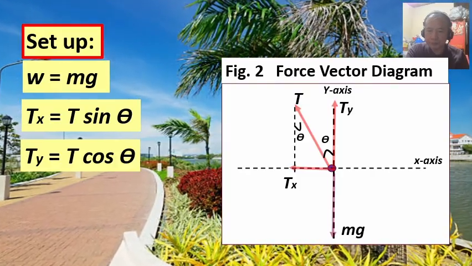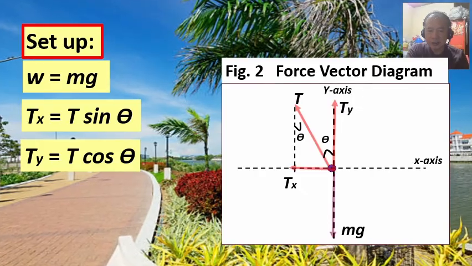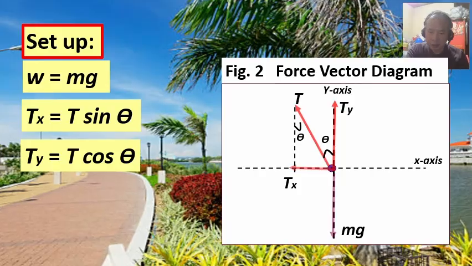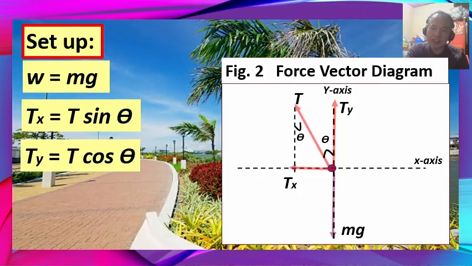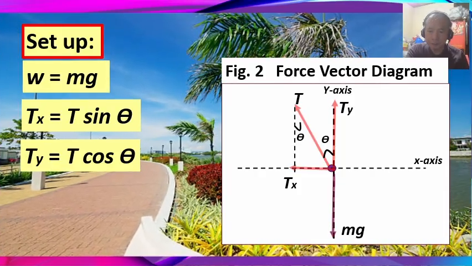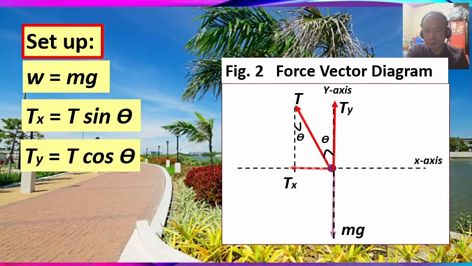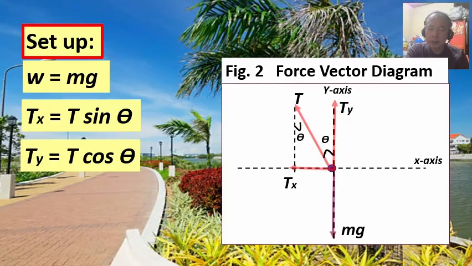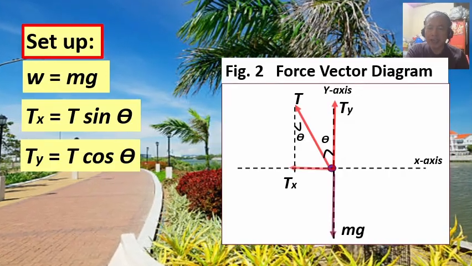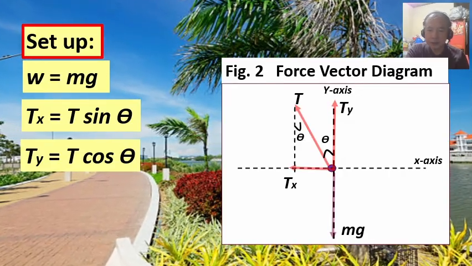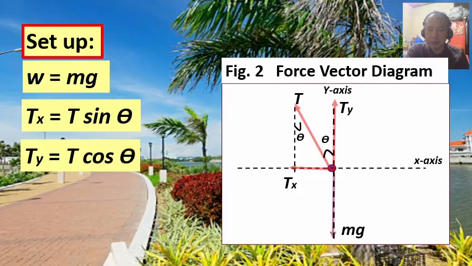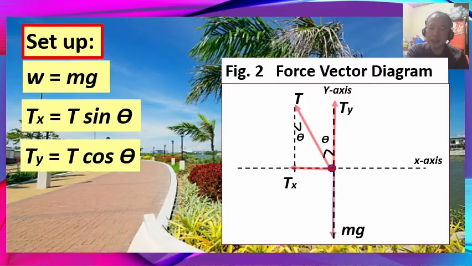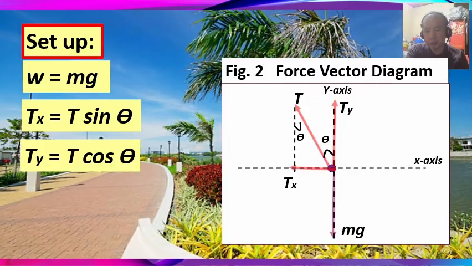And since we consider the charged sphere to be in static equilibrium, all the forces acting on it when added vectorially, the vector sum of these forces, also known as the net force, must be equal to 0.